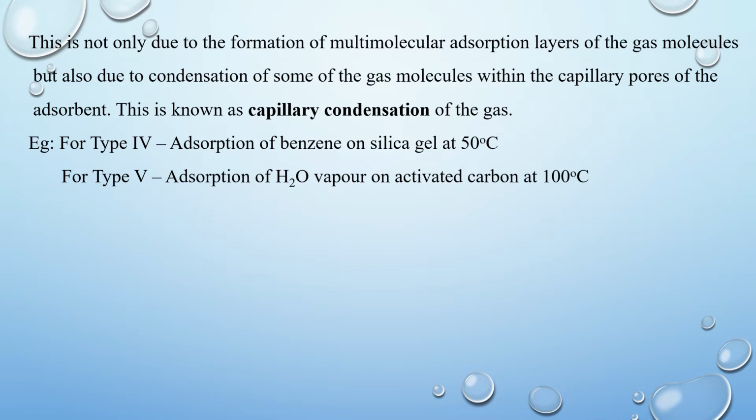This is known as capillary condensation of the gas. The example of type 4 is adsorption of benzene on silica gel at 50 degrees centigrade, and for type 5 it is the adsorption of water on activated carbon at 100 degrees centigrade. These are the 5 types of adsorption isotherm.